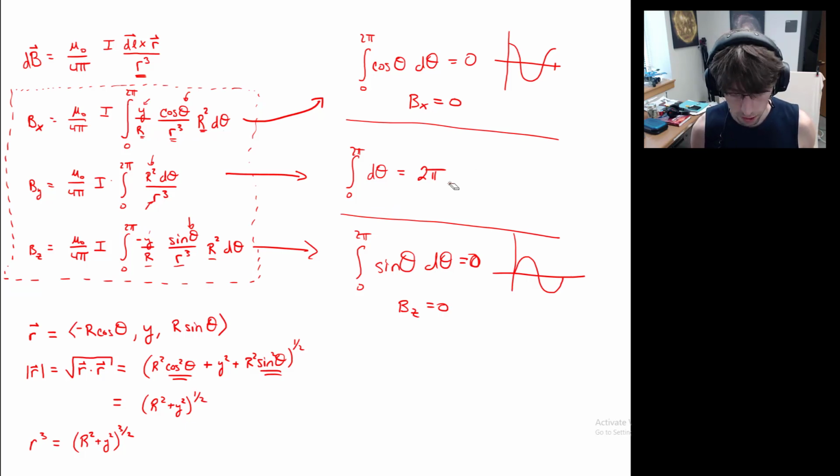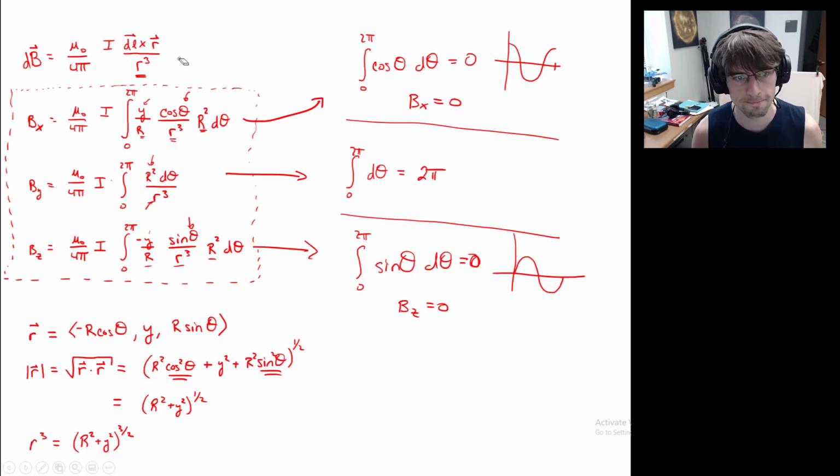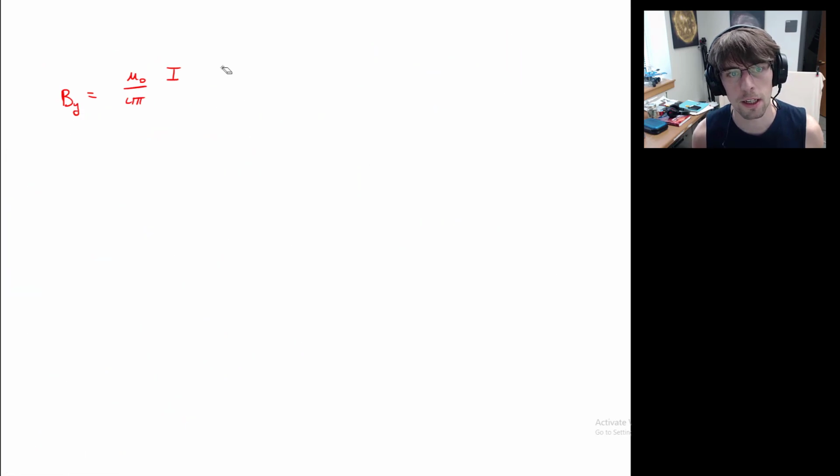And so we are almost home free. We have B_y is equal to mu naught over 4 pi I. Let's go back and look. We had something like big R squared divided by big R squared plus y squared to the 3/2.